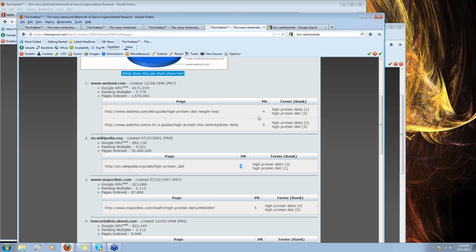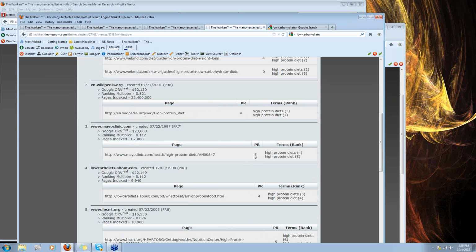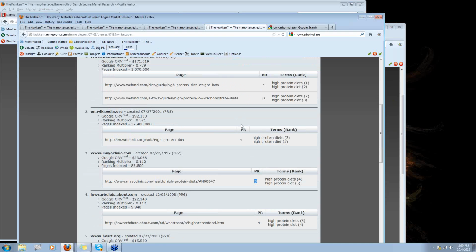It's at a page rank 4. This is at a page rank 4, this is at a page rank 4, this is at a page rank 5. Interestingly enough, Mayo Clinic. The reason this is going to be at a page rank 5, where these are at page rank 4s, is because there's something else going on here with their inbound links besides high-protein diets.